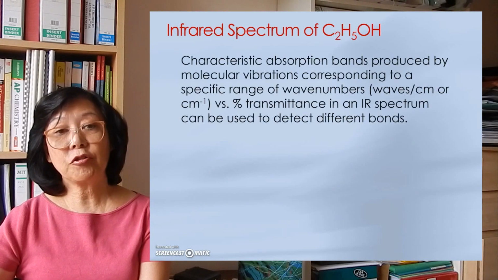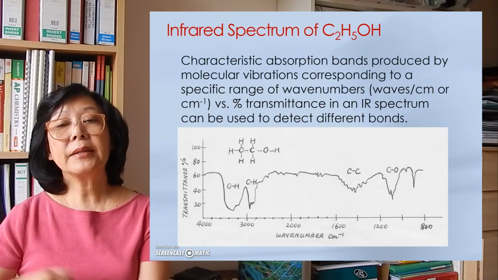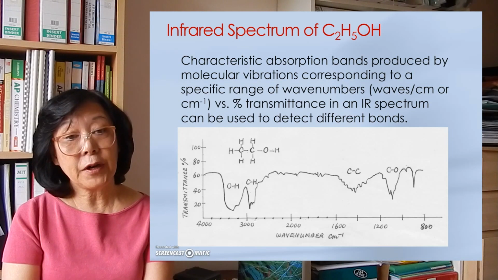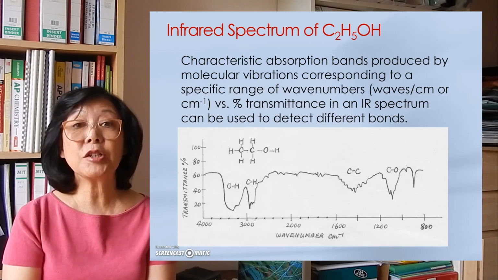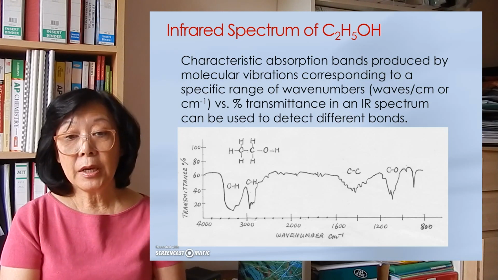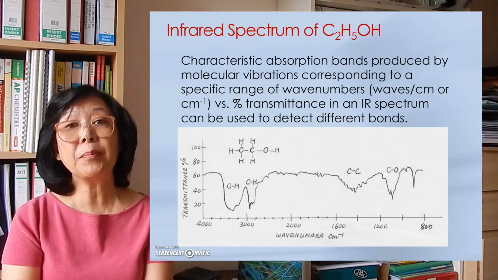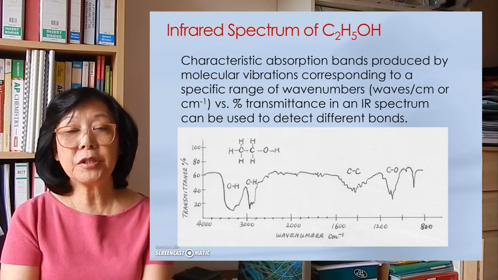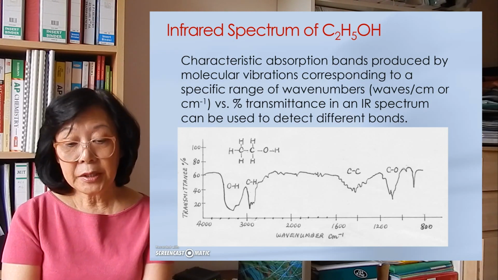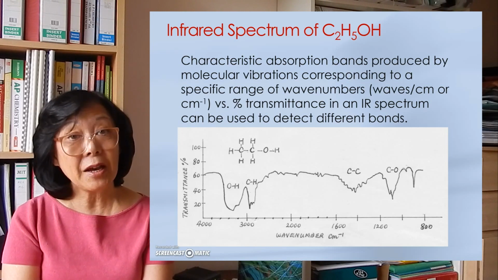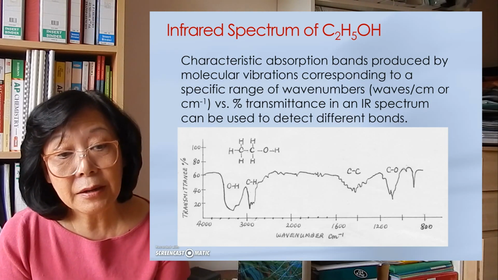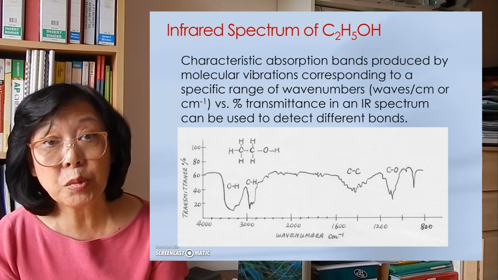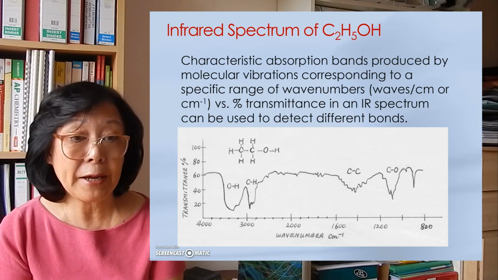Here is the spectrum of ethanol, C2H5OH. In the infrared spectrum, we have on the y-axis the transmittance in percentage, and on the x-axis the wave number. Wave number is the inverse of wavelength, in units of centimeter minus 1. If you look at this spectrum carefully, there's a broad band at about 3,400 centimeter minus 1, that's for the OH bond.